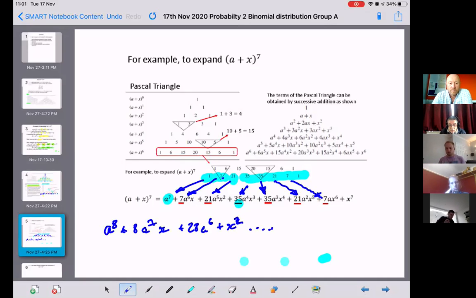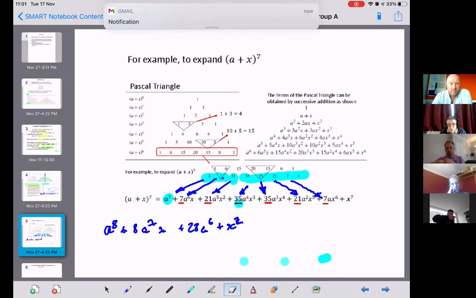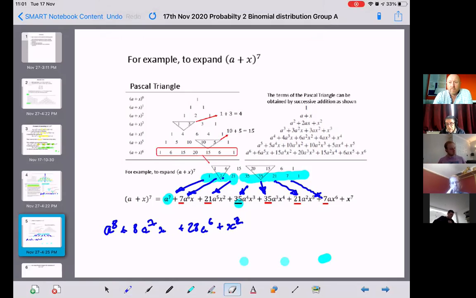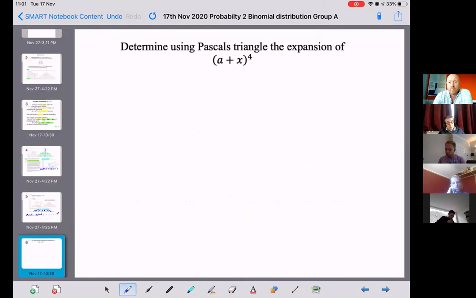That's x squared, because we have to remember the power of x is 0 on the first term, 1 on this term, 2 on that term, 3 on the next term, and so on. And you should end up with x to the 8 on the right hand end as well. Got you. Okay, so it always works.